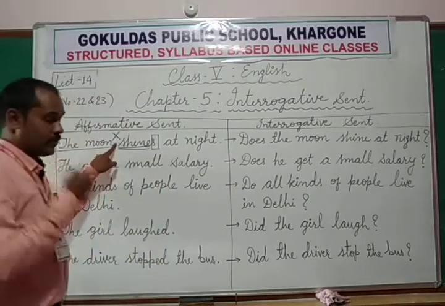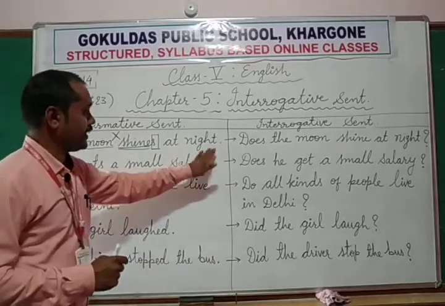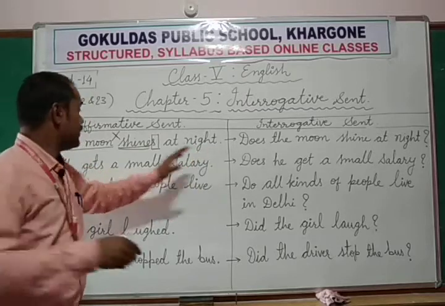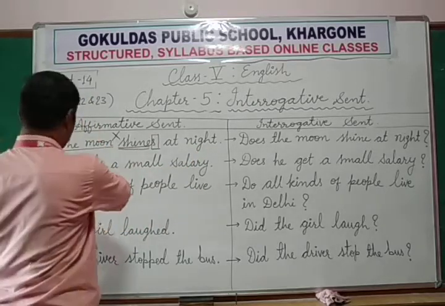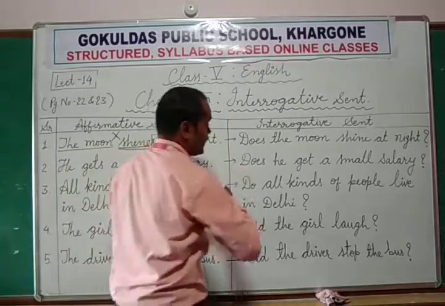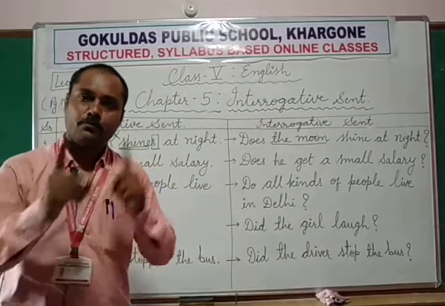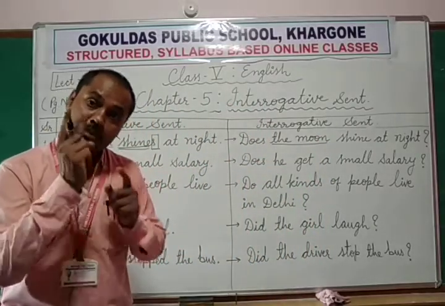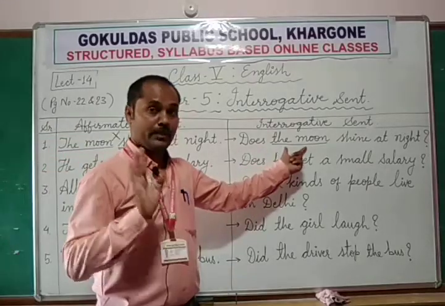Now we think to ourselves: the moon does shine at night. Now does is exchanged. Does goes to the first position and the moon goes to the second position. The moon is the subject here. The and moon, both two words, form a single subject, so the moon will remain together.